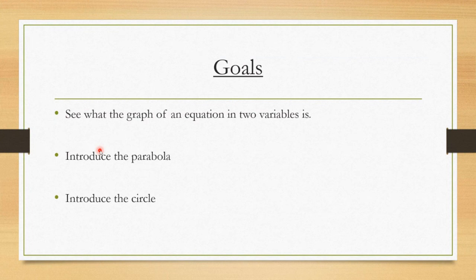Although some things you might know how to graph already. In particular, we'll see the parabola. That actually comes about from graphing a quadratic, that is. And we'll see actually what the circle is.